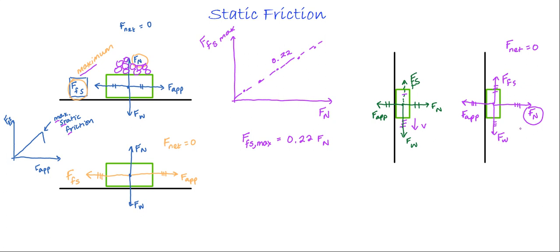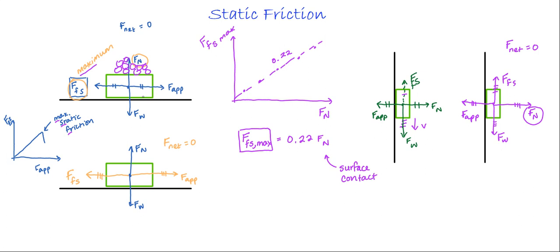So it's not really the weight that has anything to do with the amount of static friction maximum, but rather the normal force. So when we think of this equation as what truly affects the amount of maximum static friction that two surfaces exert on one another, it's really how tightly the surfaces are pushed together. So what we want to put here is, think of this rather as surface contact rather than as the weight of the object.